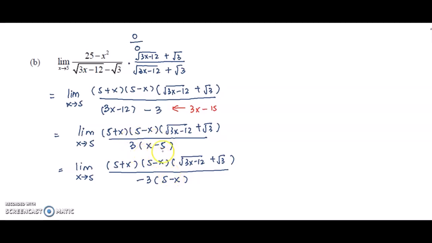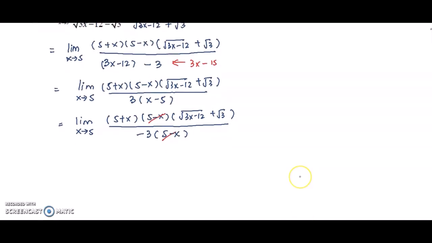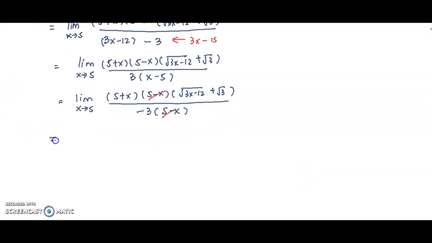Okay, so now I can see that the numerator has the 5 minus x, as well as this denominator. So now I can actually cancel this out. And you can see that this 5 minus x factor is actually making our function 0 over 0, which made our substitution fail just now. So once you have cancelled this off, then you can apply back the substitution method.